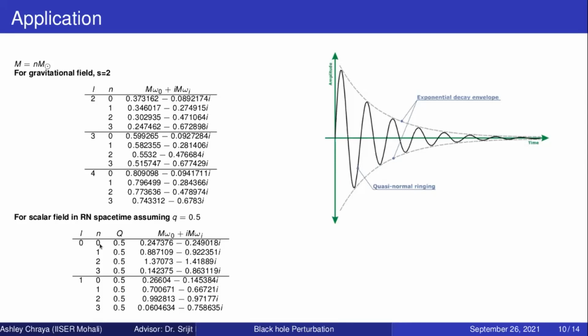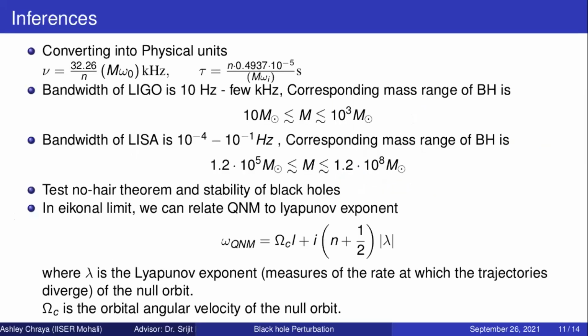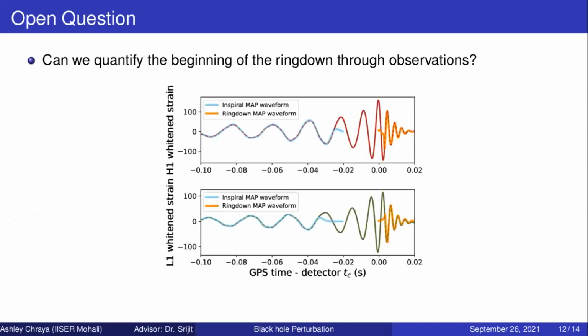Okay. So the next question is from Shagnik Bhattacharjee. He asks, let's say you have an unstable black hole, does the scalar field perturbation help in achieving stability? Do nonlinear perturbations also have any role in the ringdown? So the thing is what I was talking about at last, that we don't know when to quantify the beginning of the ringdown, because what we are analyzing here is a linear perturbation.